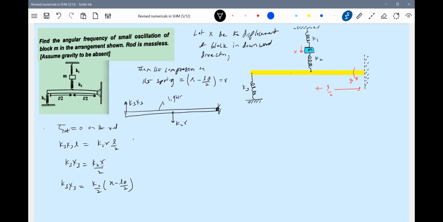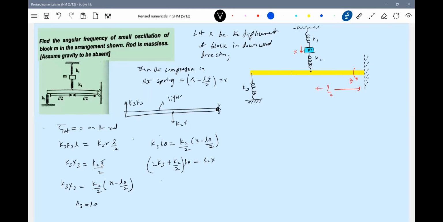This X3 should be equal to L theta. Look at the rod. So this I'll substitute there. I'll get a relation between X and theta. So solving this, we have to solve again this one: K3 into L theta equal to K2 by 2 into X minus L theta by 2, giving 2K3 plus K2 by 4 into L theta equal to K2X.